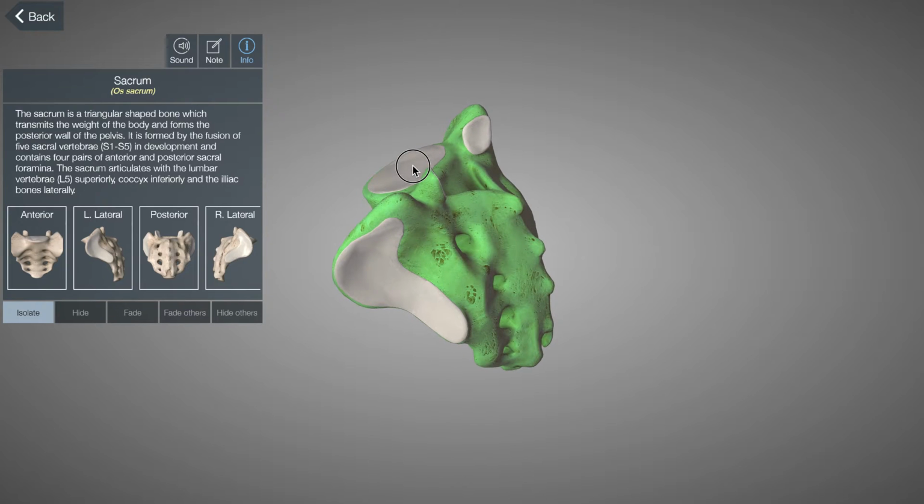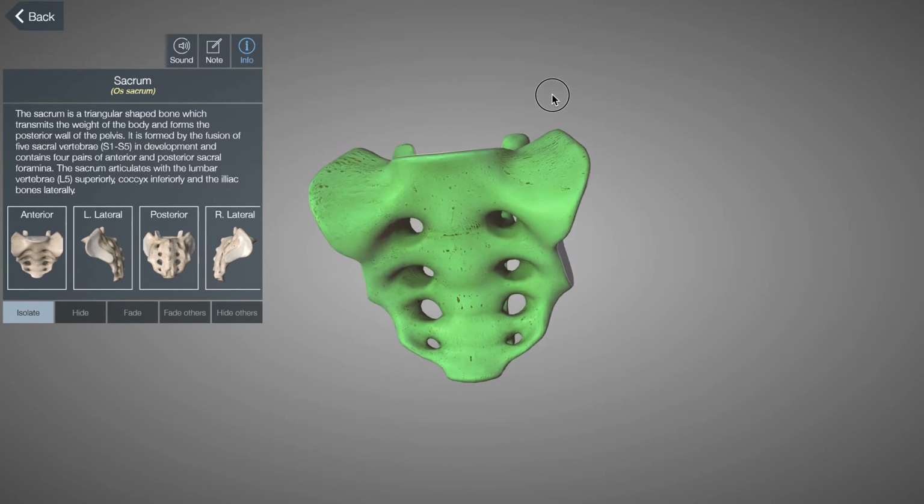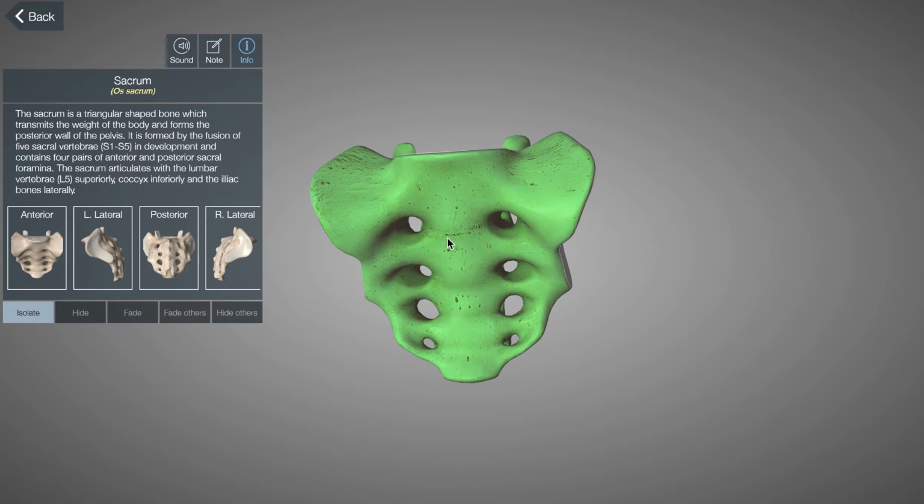Okay. And you'll also notice the distinction between the fused vertebrae are these transverse lines, and that's what we call them. They're just called transverse lines. Okay.